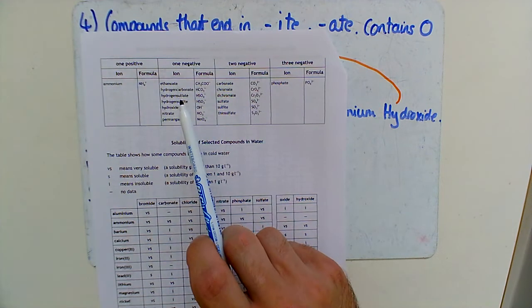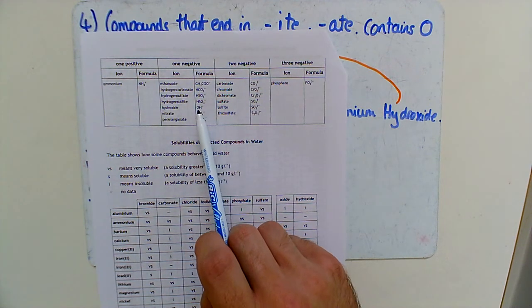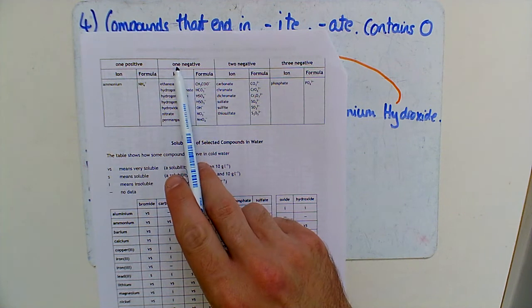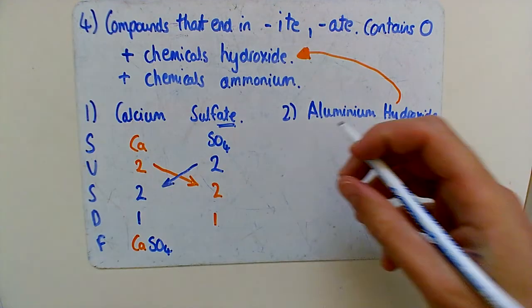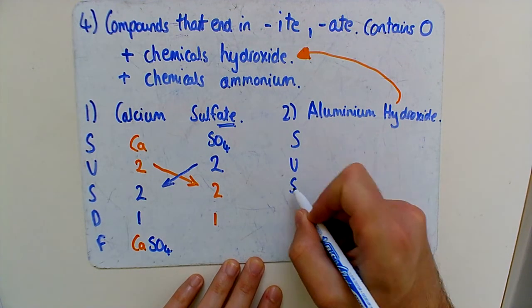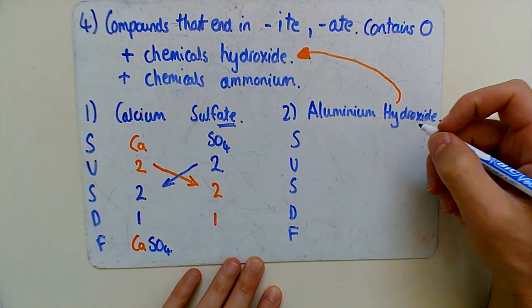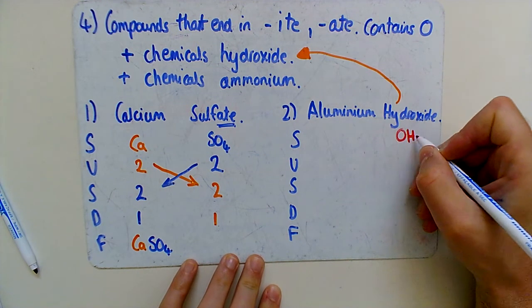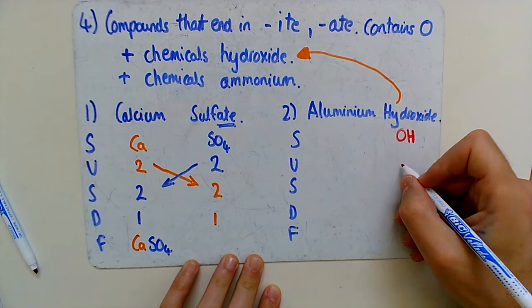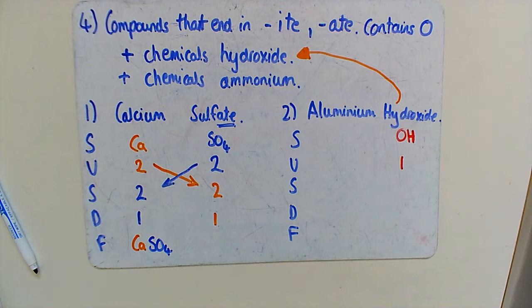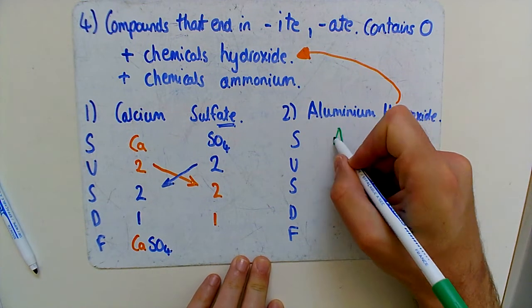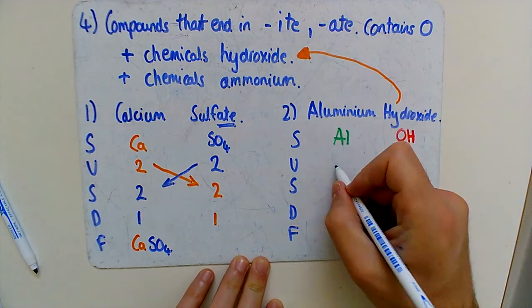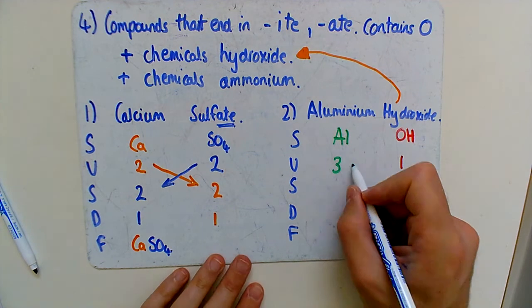And when we look on page 8, hydroxide is here. It's got a symbol of OH and it's in the column with a title of 1. So the symbol for hydroxide is OH. It's in a column with 1 at the top, so the valency is 1. Aluminium, we use the normal periodic table for it. Its symbol is Al, and it's in group 3, so it's got a valency of 3. We swap.